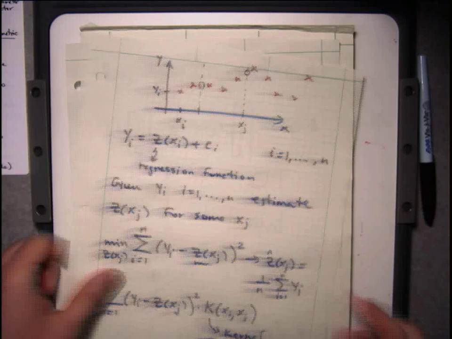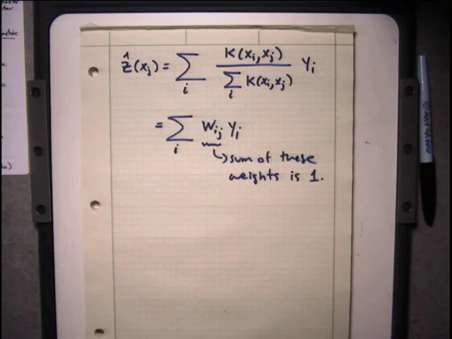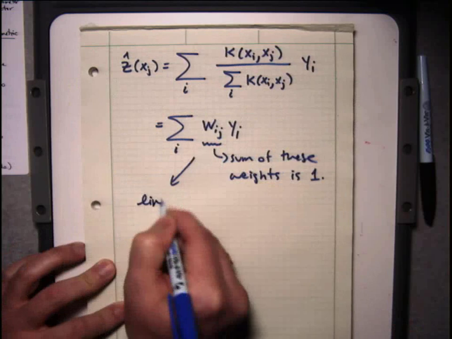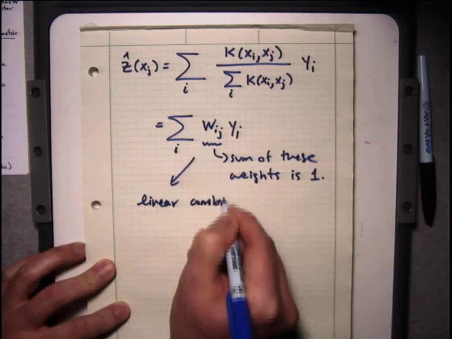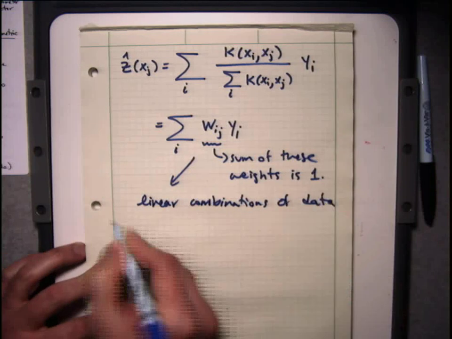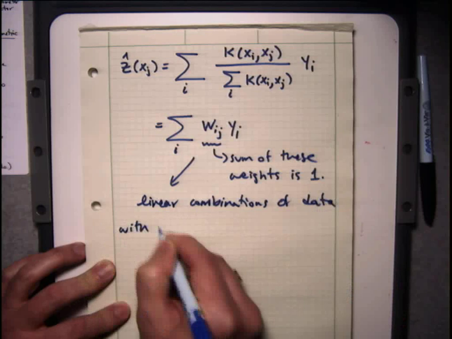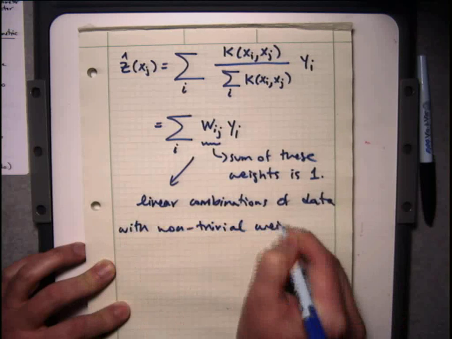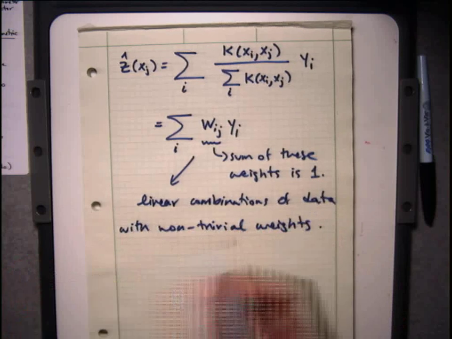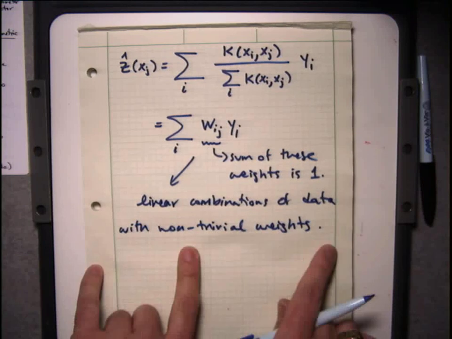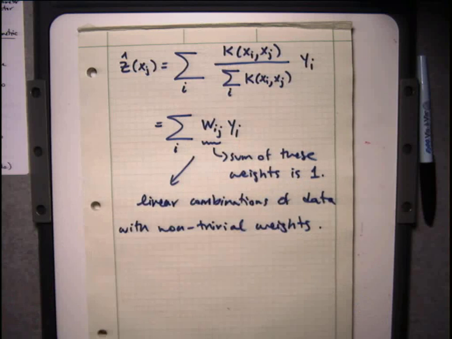Okay? So what you end up with is a bunch of linear filters. These are linear combinations of data with non-trivial weights. And when I say non-trivial weights, I'm referring to 1 over n as a trivial weight, right? It's just the same for all the data points. The other thing that's interesting about this is that these are shift-varying filters.